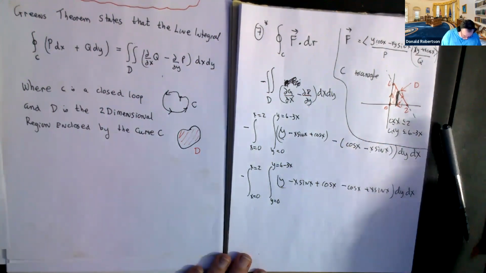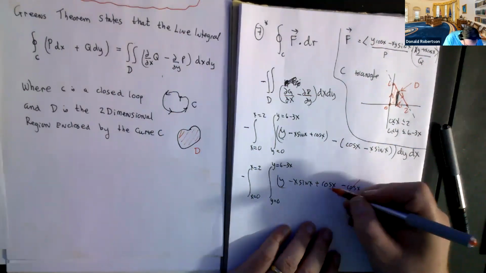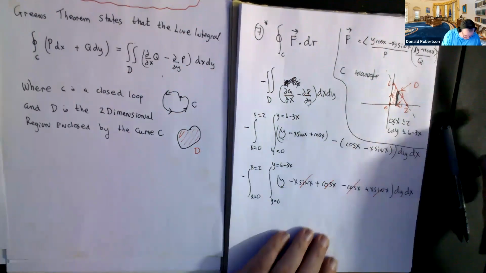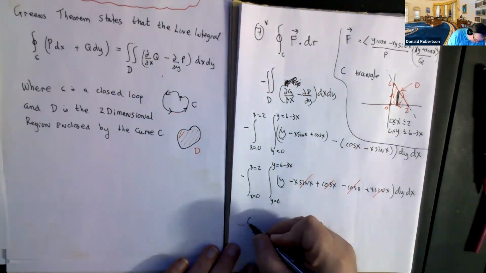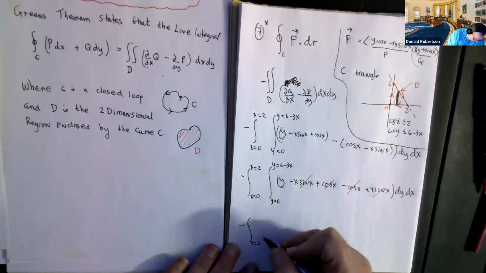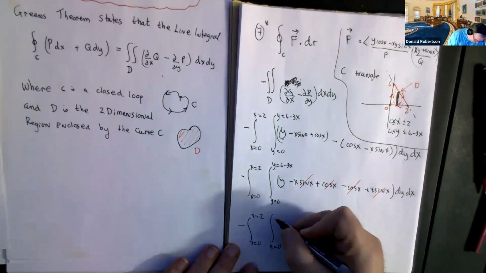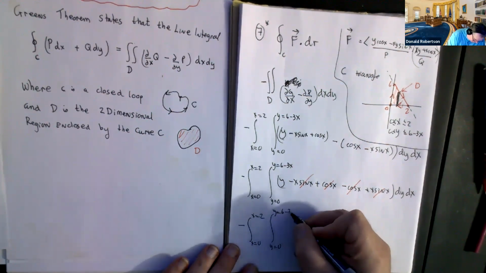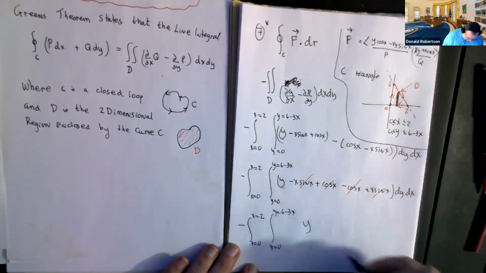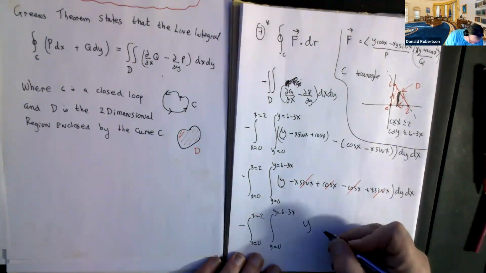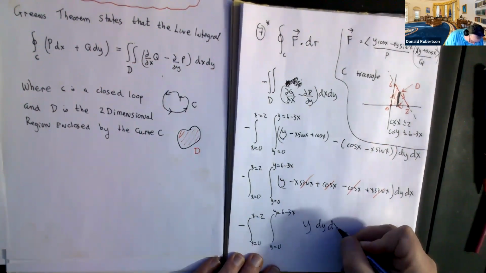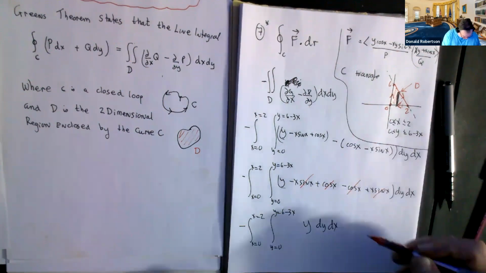And something remarkably nice happens. Dead. So all we get is from x equals 0 to x equals 2, from y equals 0 to y equals 6 take away 3x, and the only guy that's left alive is a y. How pretty is that?